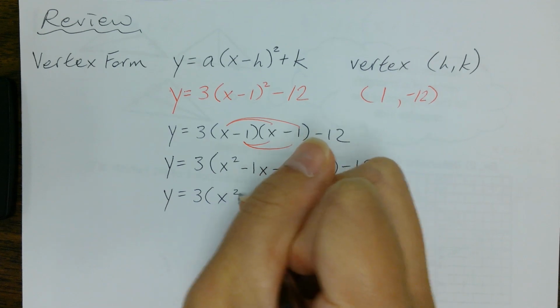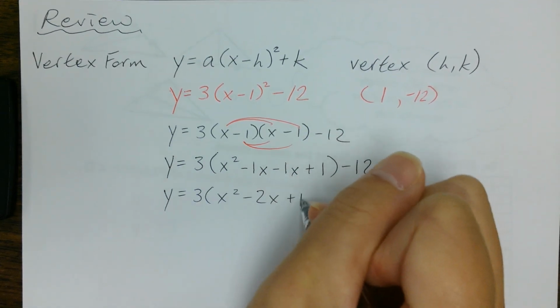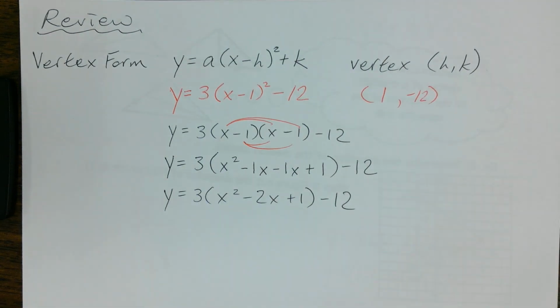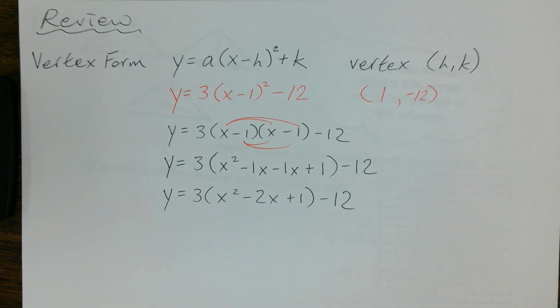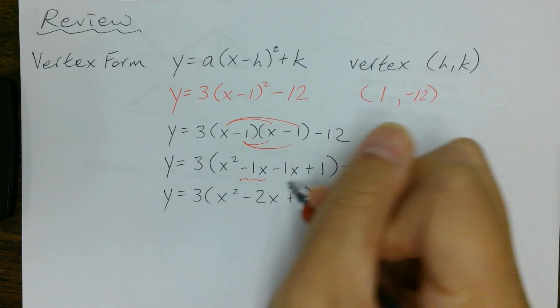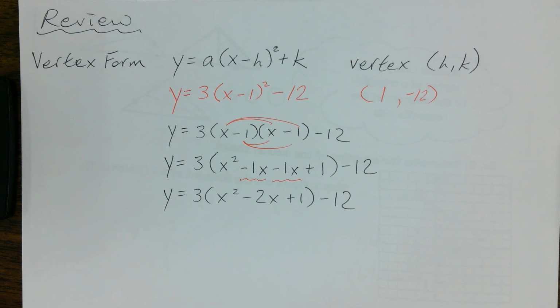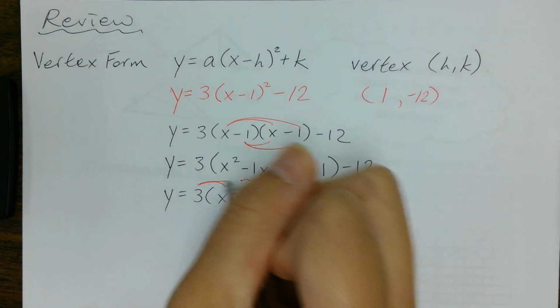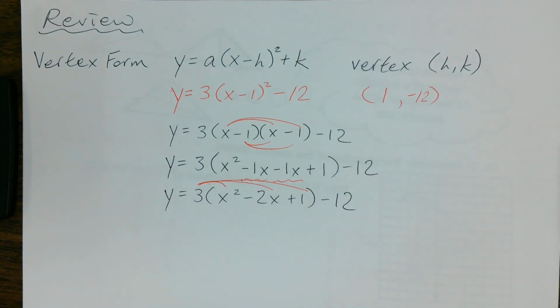Simplify. So x squared minus 2x plus 1, minus 12. What we did was we combined the like terms of these two. Distribute, multiply. Right, Samir?